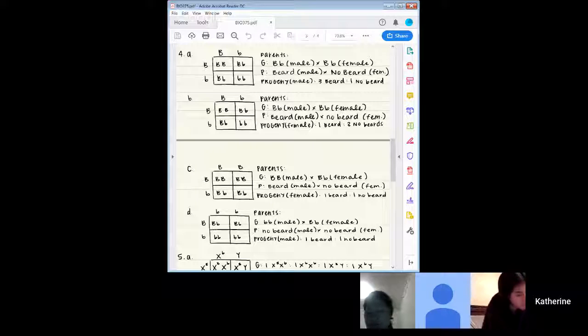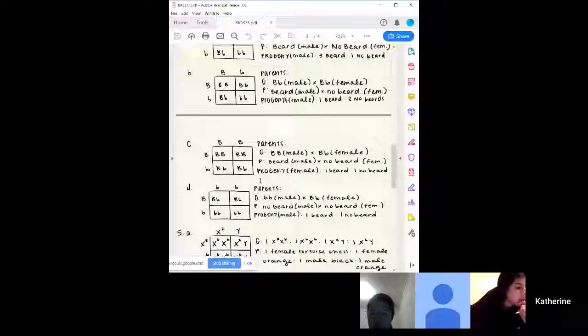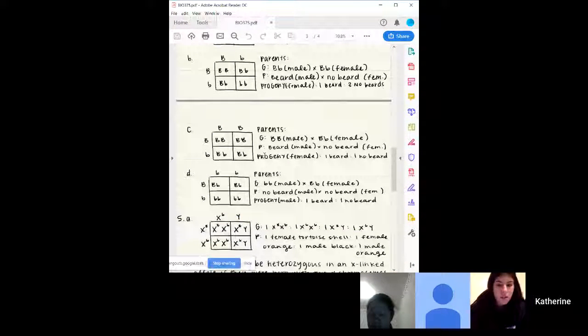Okay, and then for C, suppose a cross between a male with a beard and a female without a beard produces a 1 beard to 1 no beard phenotype ratio among the female offspring. What are the genotypes of the parents? So for this one, I realized that only 2 of them could have lowercase b's.